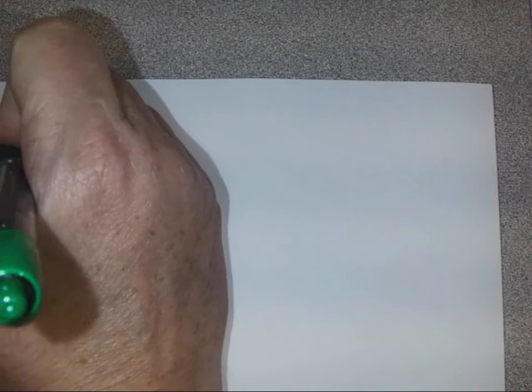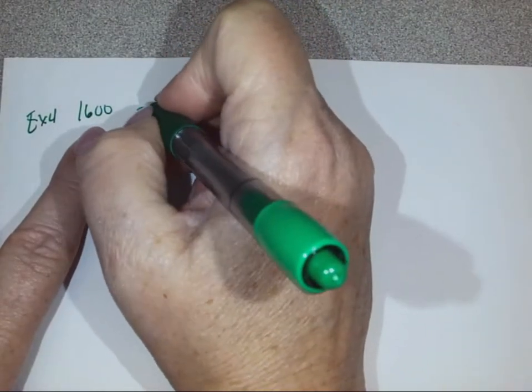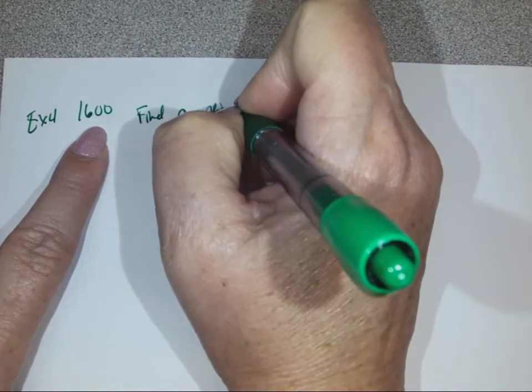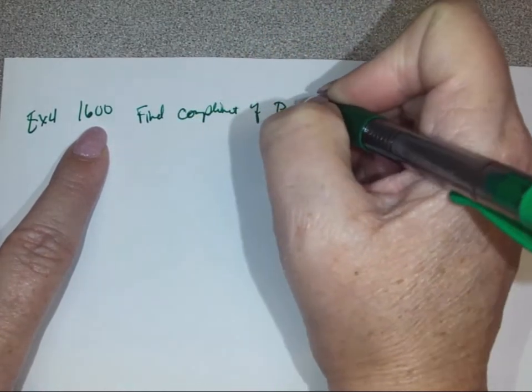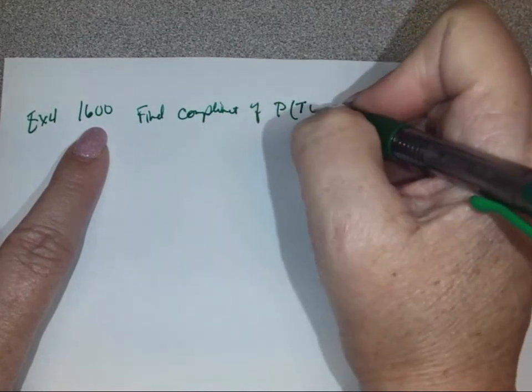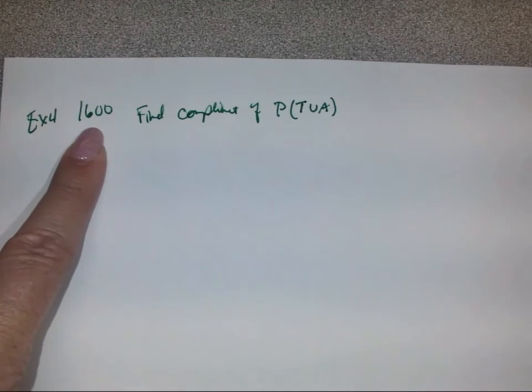So we have 1,600 is what their total is that they're looking at, and it's in a table. We want to find the complement of the probability of 10 hours unioned with their annual income of 60,000.